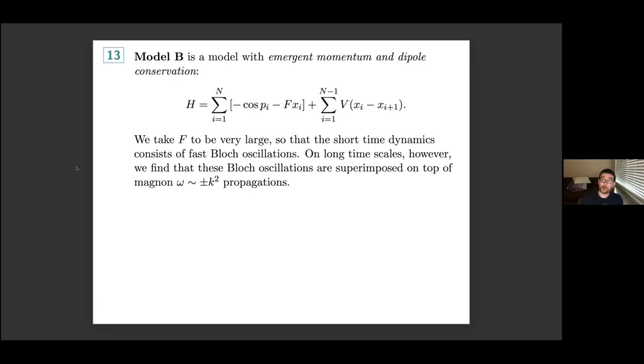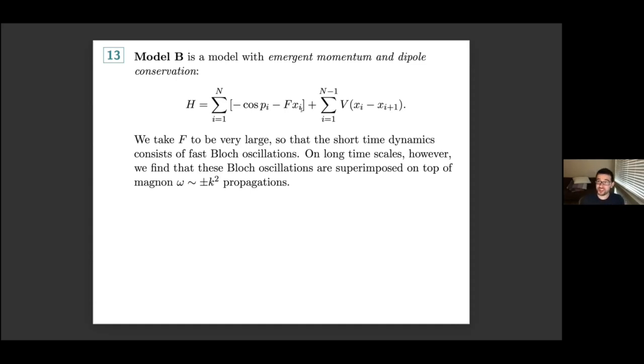But one way you can think about this is that in this Hamiltonian, the term which dominates is minus f times xi. And what is that telling me? That's telling me that energy and dipole are almost the same thing. And so in this model, we expect energy conservation is going to roughly morph into dipole conservation.